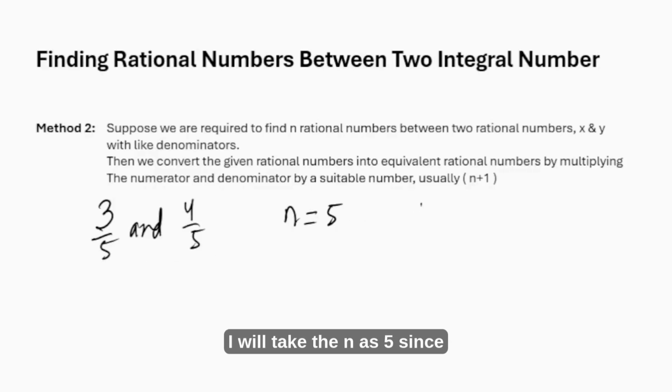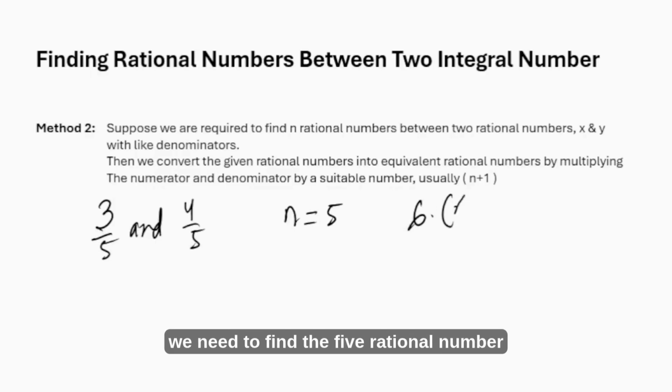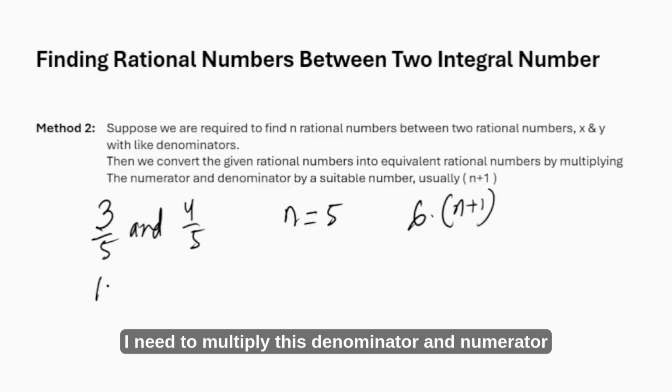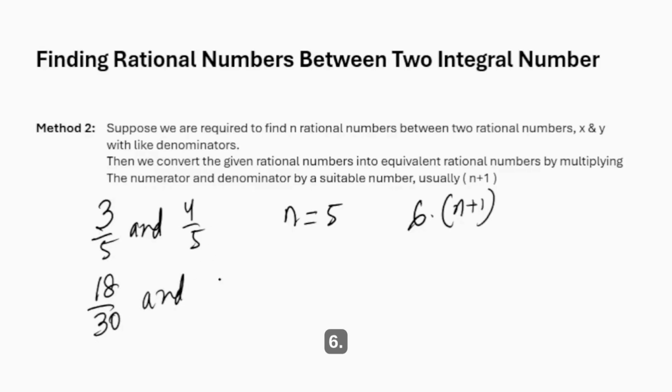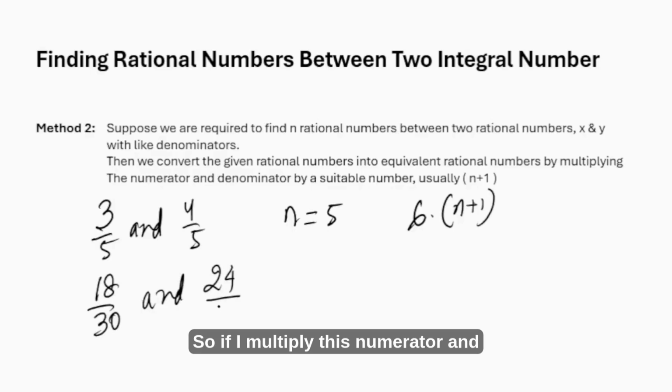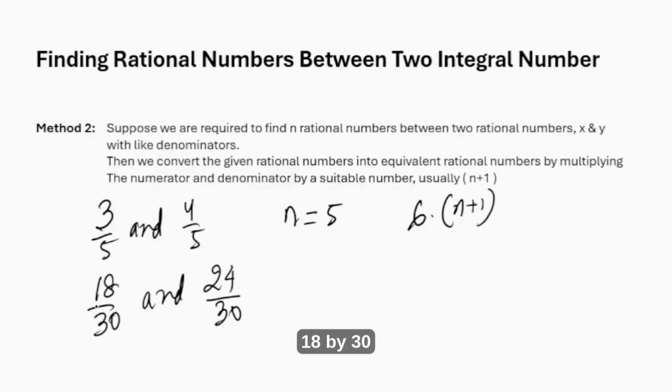I will take n as 5, since we need to find 5 rational numbers in between 3/5 and 4/5, and I need to multiply the denominator and numerator with n plus 1, which is 6. So if I multiply the numerator and denominator with 6, I will get 18/30, and here I will get 24/30.